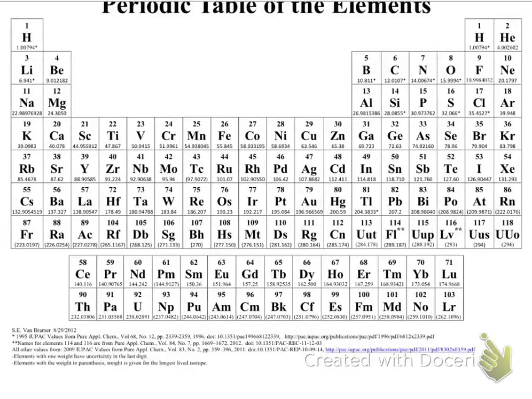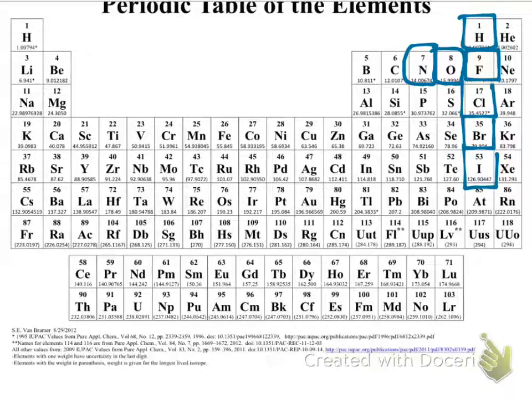The ones that are always diatomic when they're on their own: nitrogen, oxygen, hydrogen, fluorine, chlorine, bromine, and iodine. Those 7. And of course, most often we actually look at hydrogen being over there, so we'll do that. But you can come up with some sort of mnemonic to remember them. Some people call them the heavenly 7. Most of those are gases we find in the atmosphere. But there are 7 of them, and they're always diatomic when they appear by themselves.